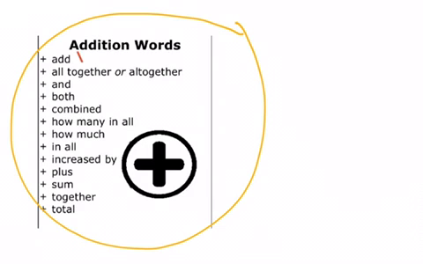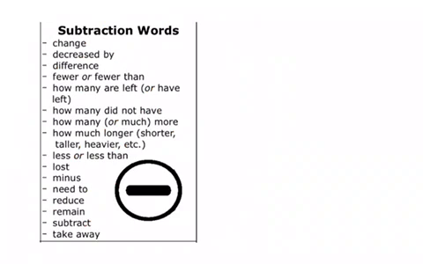Of course, add, all together, and, both, combined, how many in all, how much in all, increased by, plus, sum, together, and total. So you keep this handy, and it will help you to mark the keywords as part of the STAR method. When you're searching, you're going to search for these words on this other handout that you were given.